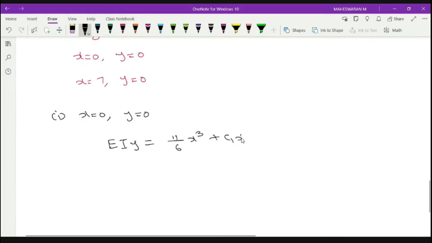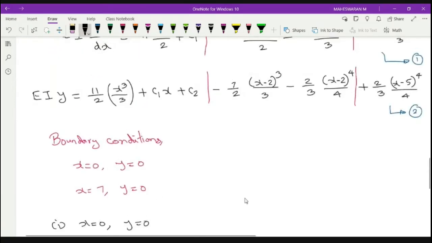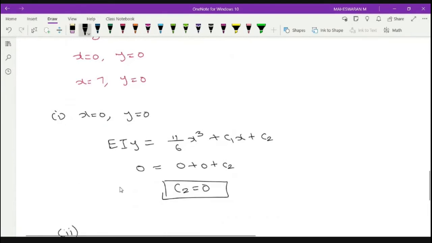In this equation, let us substitute x is equal to 0 and y is equal to 0. When I substitute, what are you getting? 0 is equal to 0 plus 0 plus C2, which means C2 is 0. This is my first result.